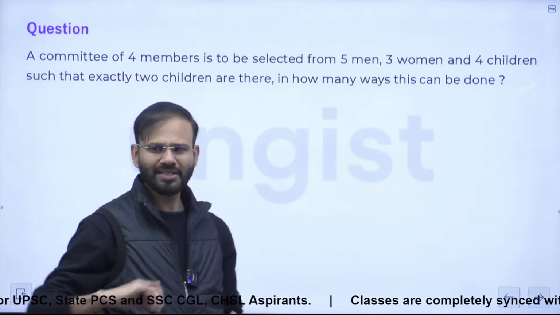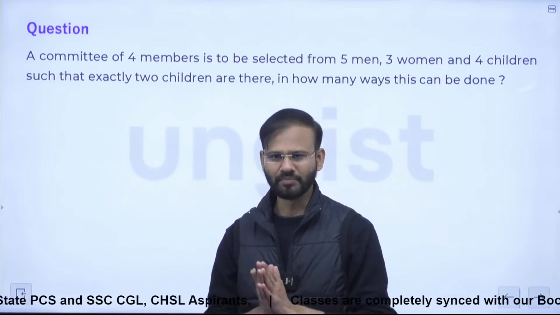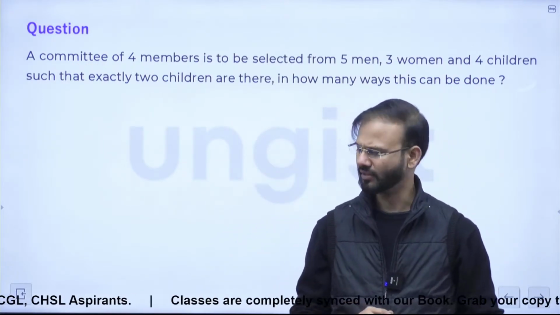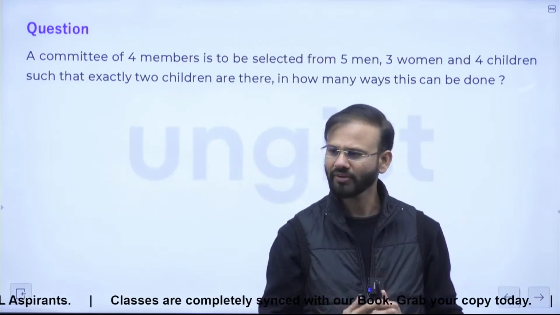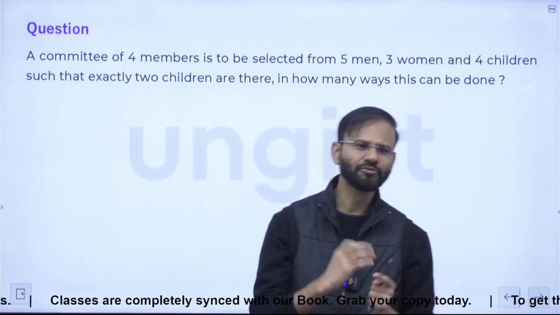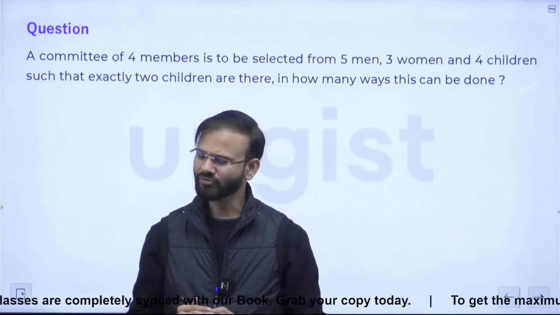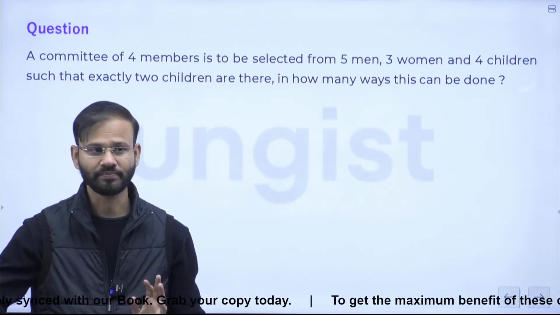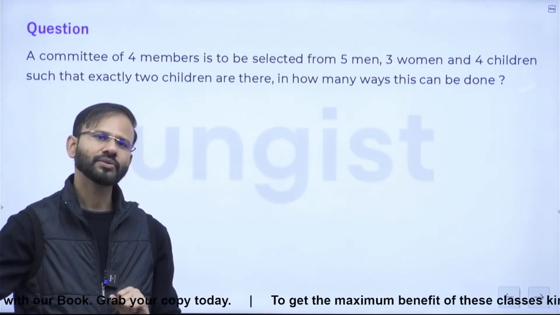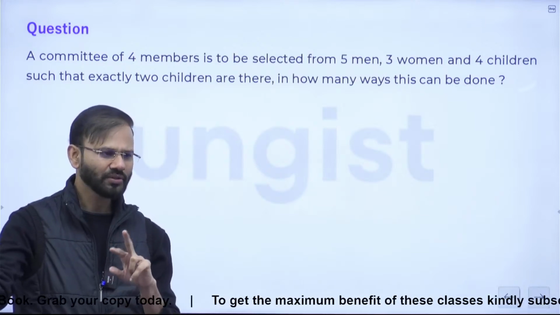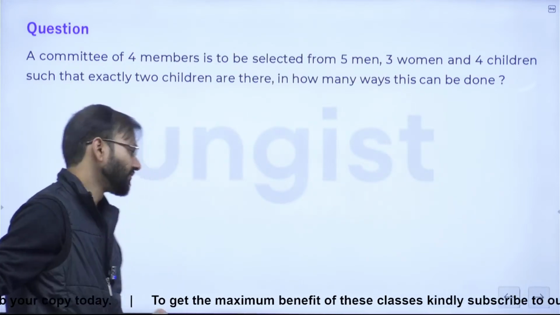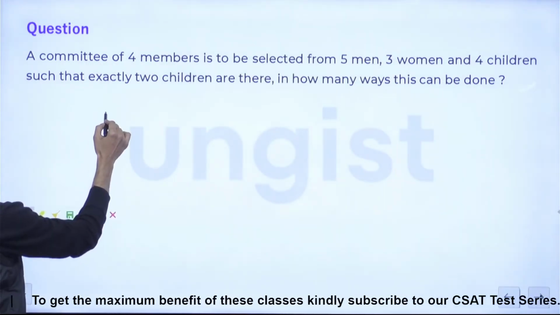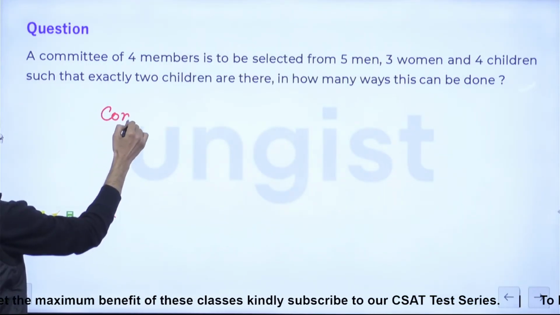See guys, understand one thing. Suppose that you have to solve this problem, right? Let's say I have told you to go to a room where 5 men, 3 women and 4 children are sitting, right? I have told you to please select 4 members from that room such that exactly 2 of them are children. Fine. So the first thing is, you have to think about your committee, right?